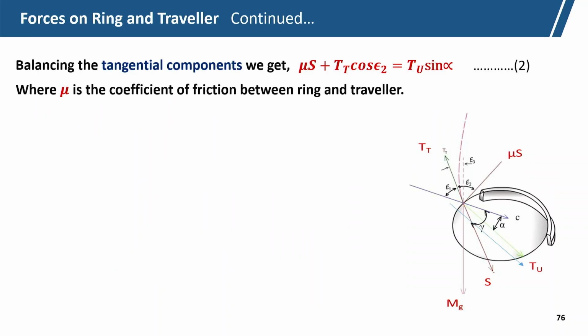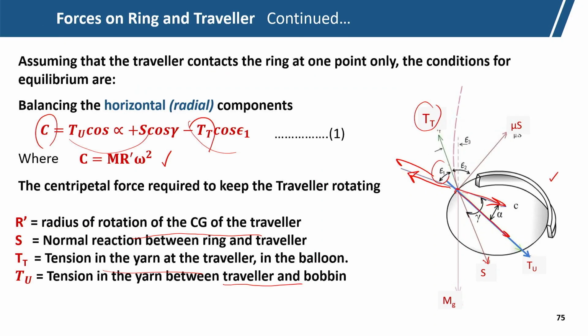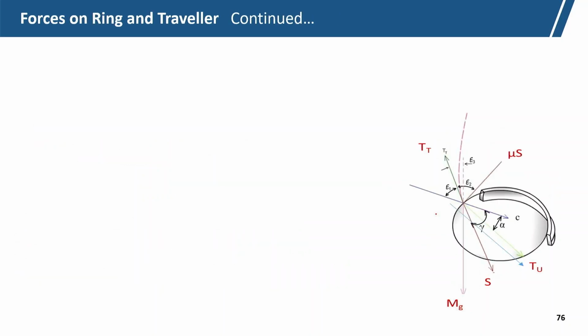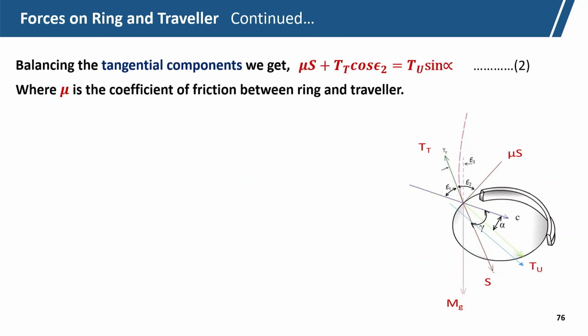We have balanced the normal component, the horizontal or radial component. Now, we are balancing the tangential component. If we balance it, this will be mu S plus Tt cos epsilon 2, acting in this direction, equal to Tu sin alpha.